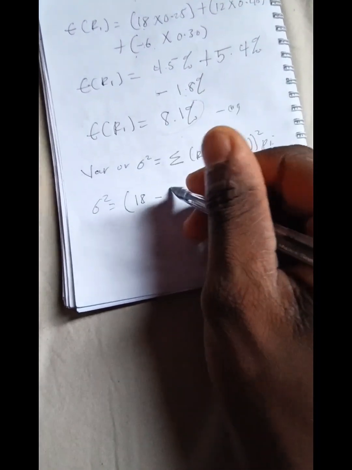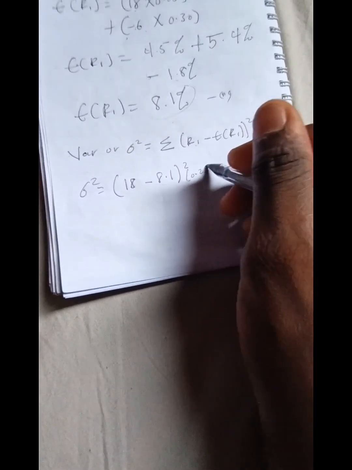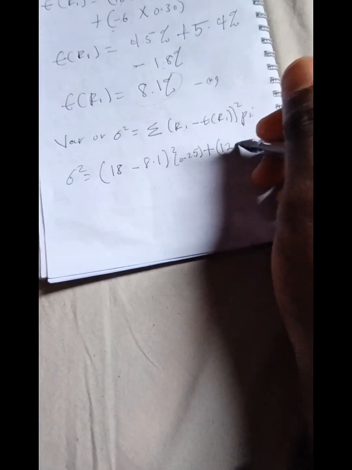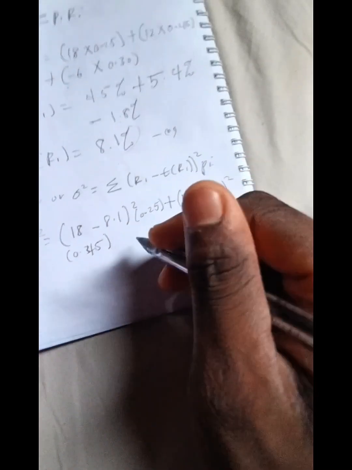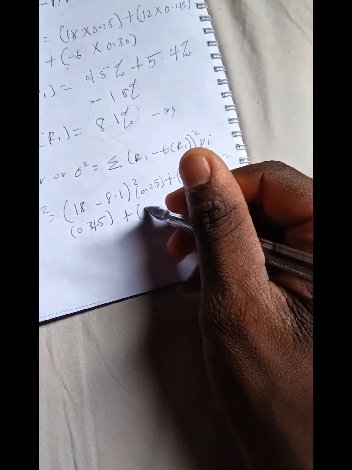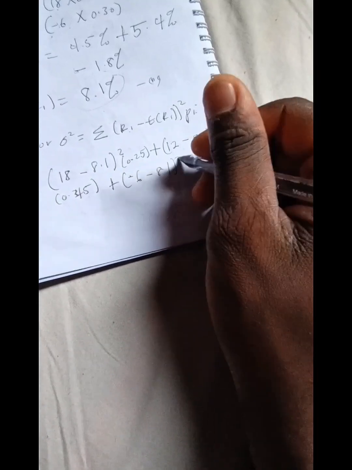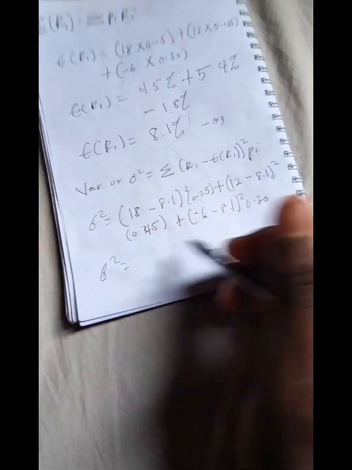Then minus 8.1, then all squared, multiplied by this probability at 0.25 for the first one, then plus 12 minus 8.1 all squared, multiplied by 0.45, then plus minus 6 minus 8.1 all squared, multiplied by 0.30. So that's basically it. Let's plug this into our calculator.